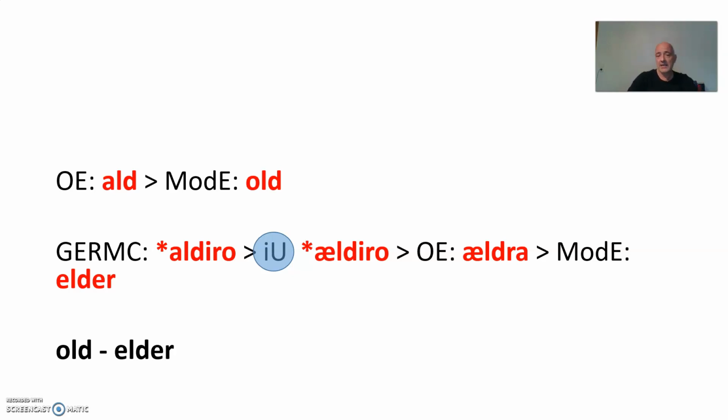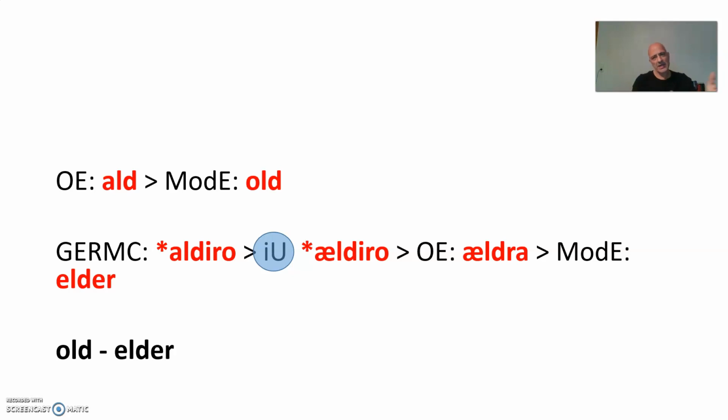In Germanic, there must have existed aldiero, older. And then you see the rule of the e umlaut, the i-Mutation, applies because there is an e in the following syllable, and aldiero becomes eldiero, and later on eldra, and then in modern English it becomes elder.